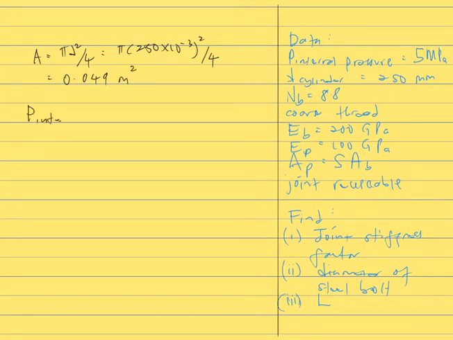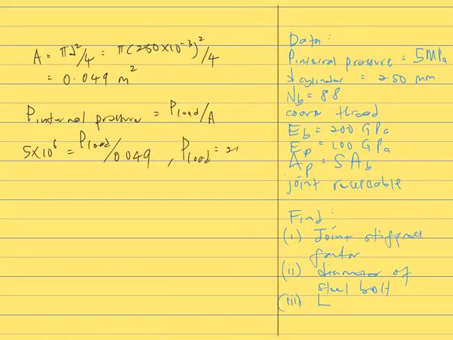Then we find the internal pressure, which is equal to P load over area. Internal pressure is 5 megapascal, equal to P load over area, which is 0.049. So at the end we get P load equal to 245 kilonewton.